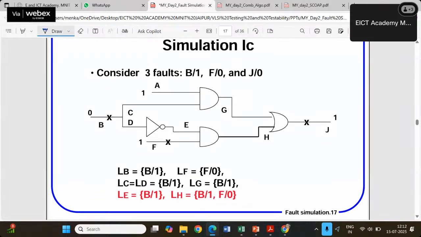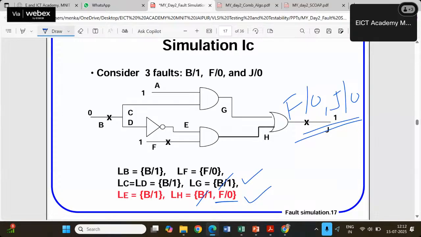So this was my LH, this was my LG. When I am making LH minus LG, so this B1 is getting cancelled away and I am left with F0 from here. So I am getting F0 over here and J0 because it was there at the output. So only 2 faults are being detected.